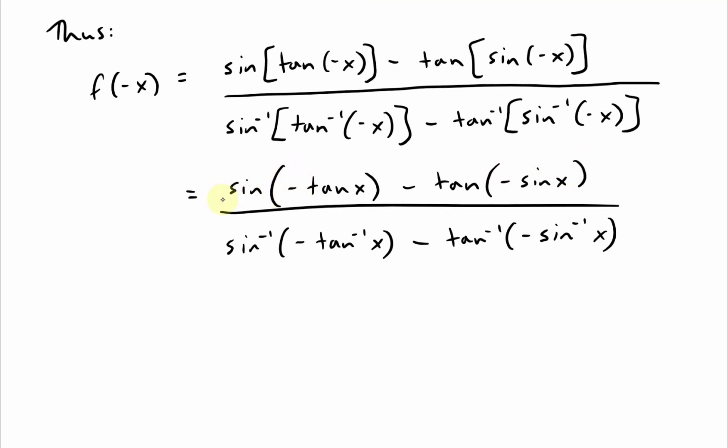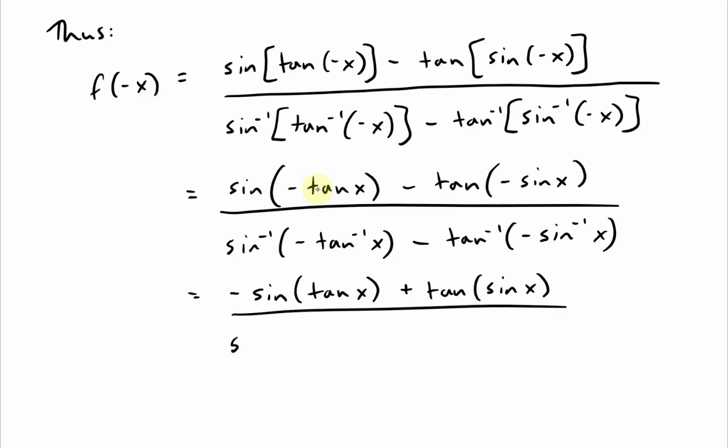So now we have sine of negative tan of x equals negative sine of tan of x, positive tan of x. That's going to be our new x. So now plus a negative, so it's going to be plus tan of sine of x.